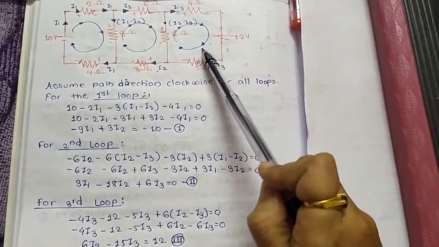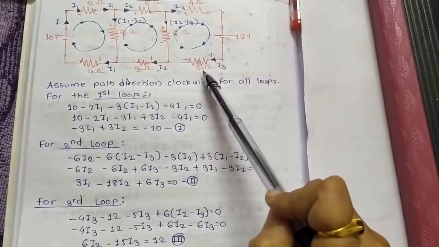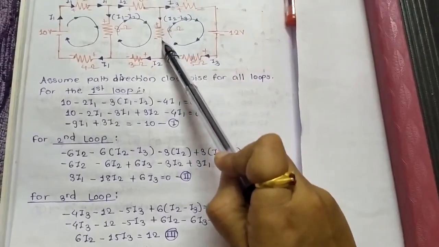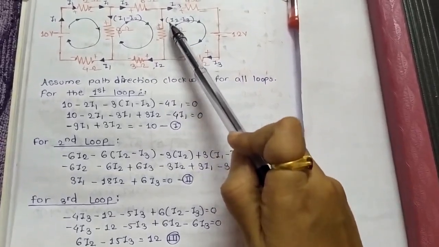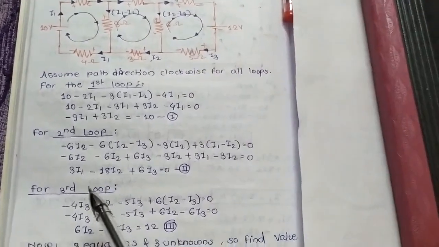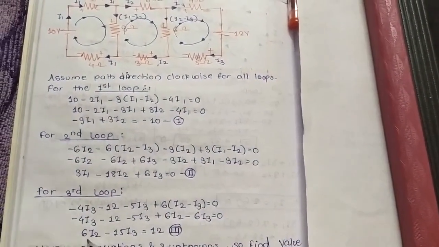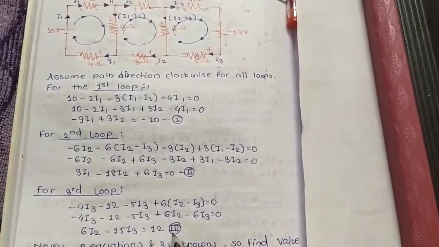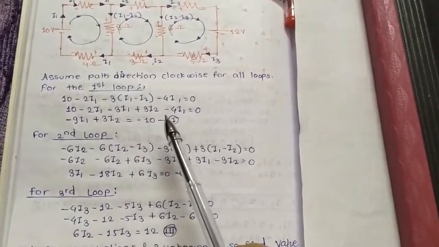Again loop direction, current flowing direction is the same, hence minus 5 into I3, but here current is flowing from this direction and loop direction is opposite, hence plus 6 into I2 minus I3. After simple mathematical calculations, rewrite the equation: 6I2 minus 15I3 is equal to 12. This is the third equation. I1, I2, I3, these three are unknowns and we have three equations.